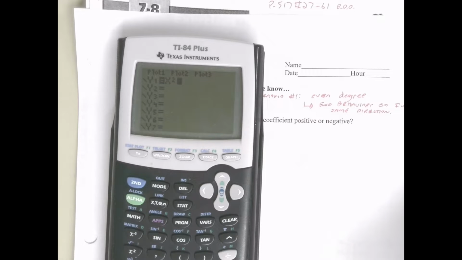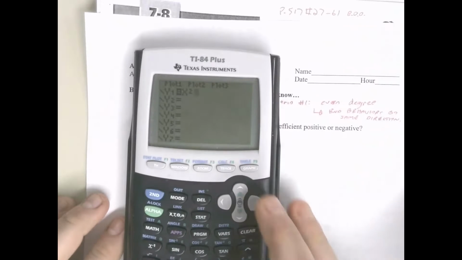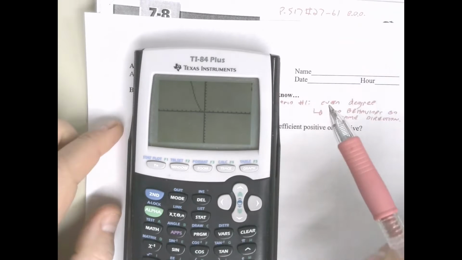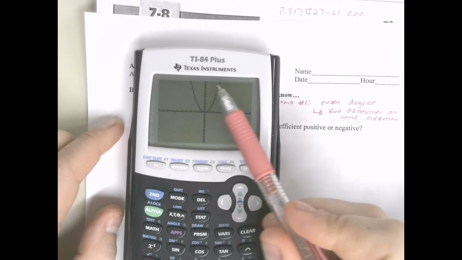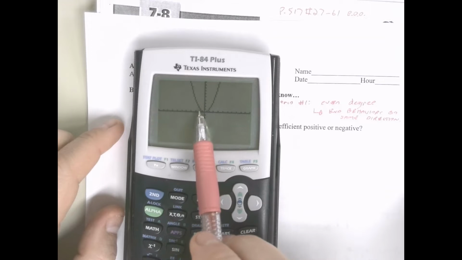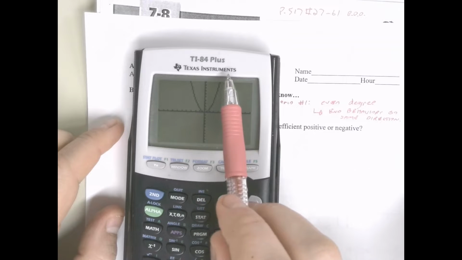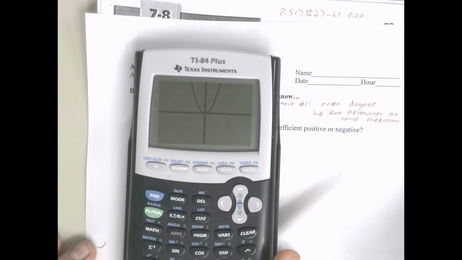If I hit graph, tell me what you notice about the end behaviors of that graph. On the left side it goes up, and as you move right, it also goes up. So the end behaviors go in the same direction. That's what I mean by end behaviors.